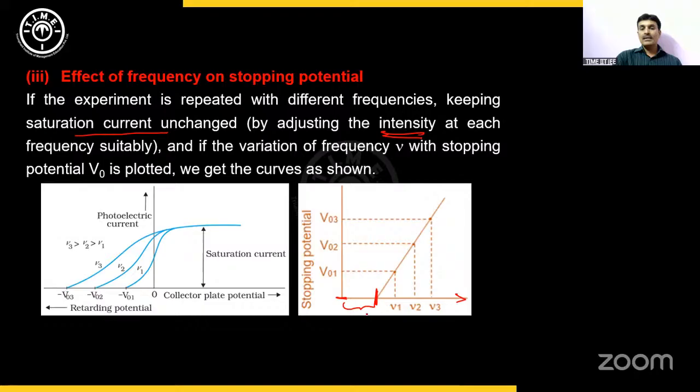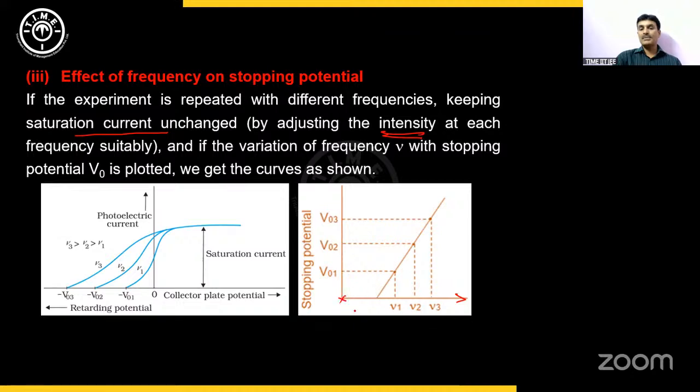That is called the threshold frequency. Beyond this point on the negative side, there is no photoelectric emission taking place. The metal plate is not going to release any electrons, so no potential is required to stop these electrons.